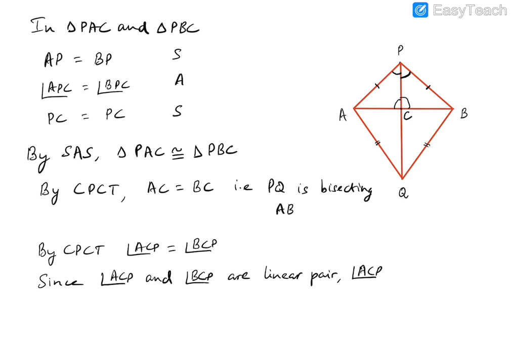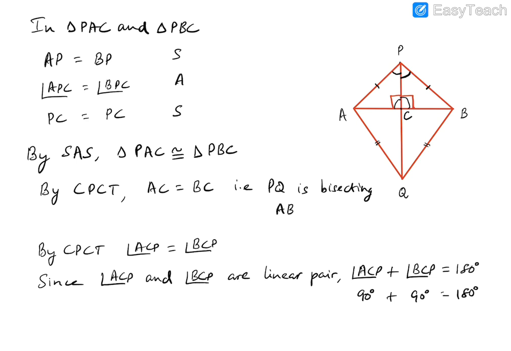So angle ACP plus angle BCP equals 180 degrees. Now we know that ACP and BCP are equal and their sum is 180 degrees. That means they have to be 90 degrees plus 90 degrees equals 180 degrees. So that means these angles are 90 degrees. So the angle here is actually 90 degrees and the angle here is also 90 degrees.